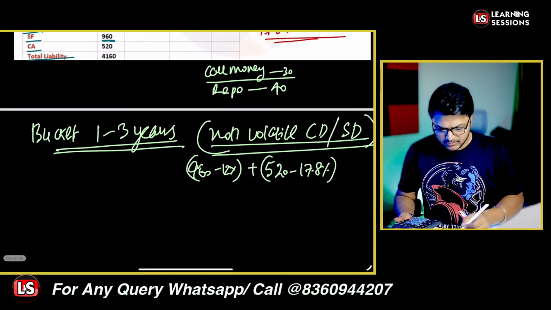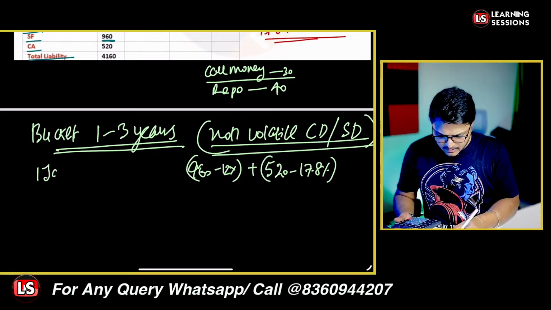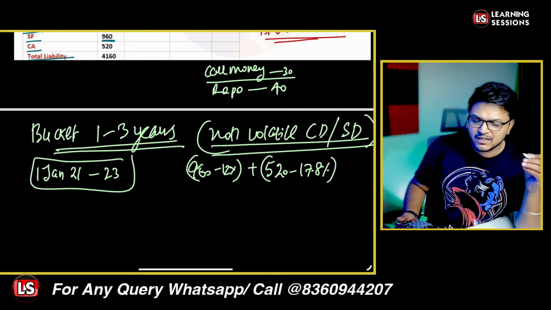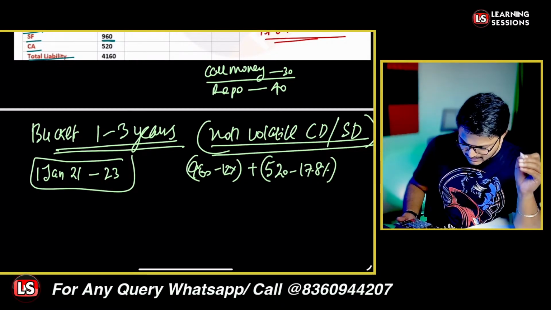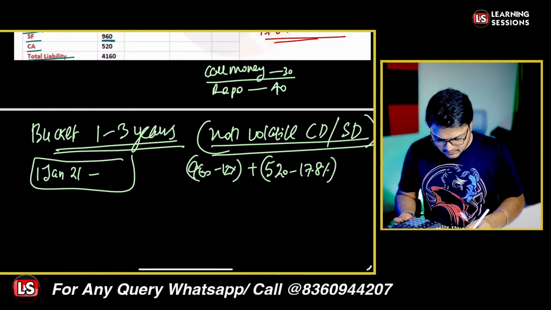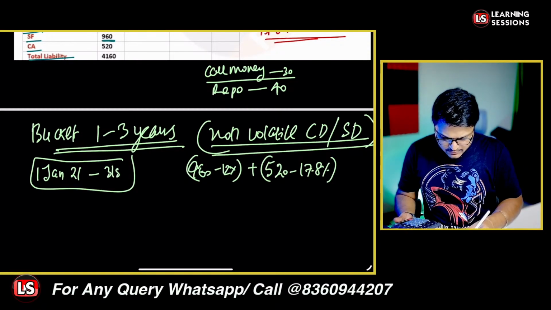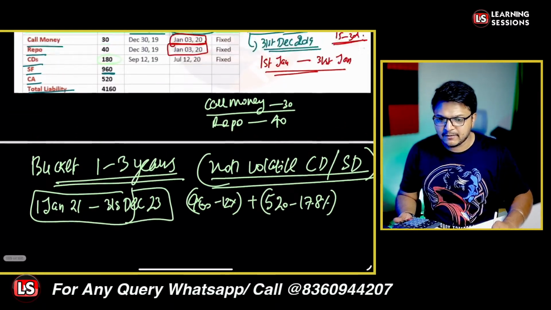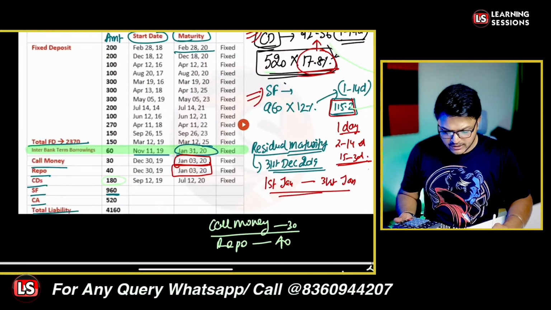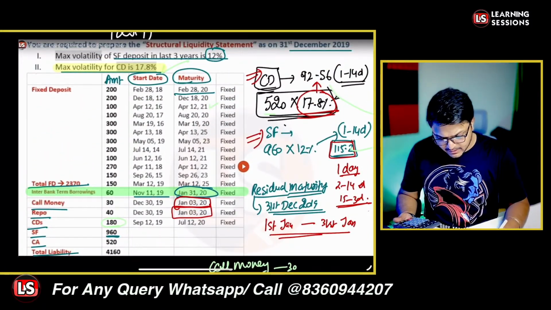And other than that, the maturity dates ranging from 1st of January 2021 to 31st of December 2023, those all things are to be considered. These dates are to be considered for the 1 to 3 years category.